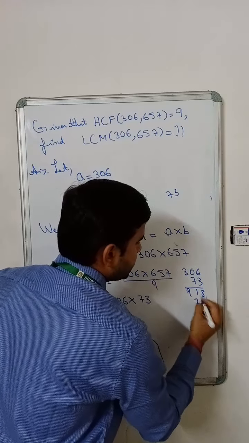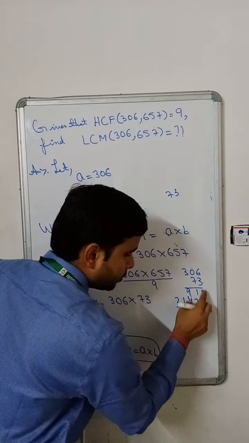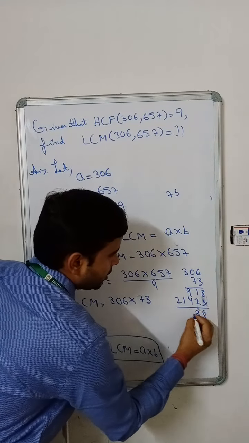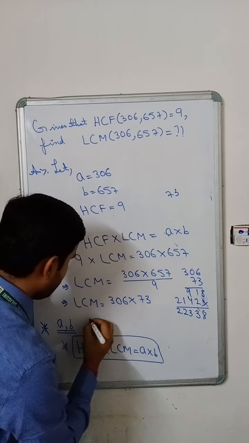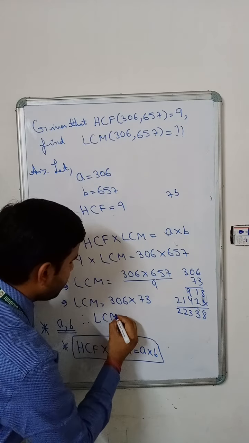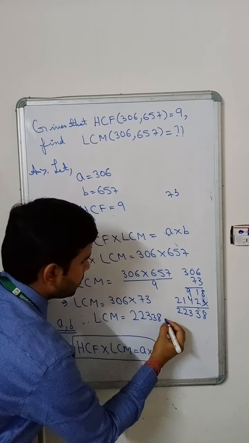Then we have 7 6s are 42, 7 3s are 21. So the result is 8, 2 plus 1 3, 13, 2 2. So we find that the LCM of two numbers is equal to 22338.